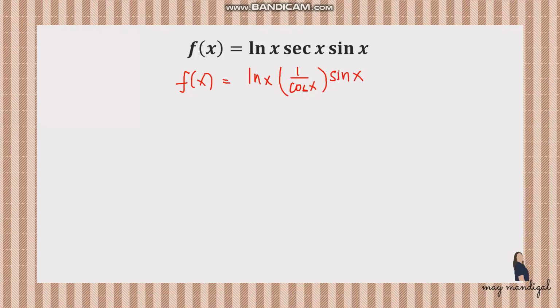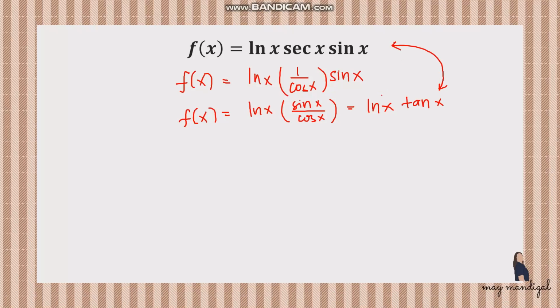Now from here, you can multiply the sine with 1 over cosine. So we will be having here ln of x times sine of x over cosine of x, which is just equal to tangent. So therefore, our new function will be ln of x tangent of x. So from here, we were able to simplify it into 2 terms only.